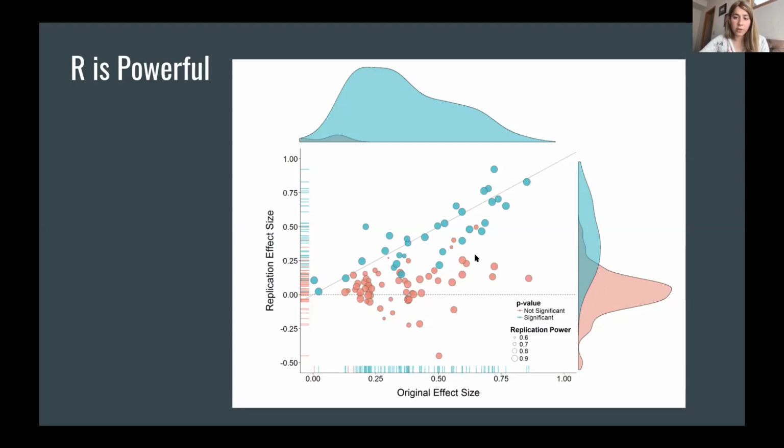They also made the dots related to the replication power, so you give less weight to replications with reduced power, versus the ones that have 0.9 power to detect an effect size. I just feel you can do things like this in R that convey so much information, and a lot of it relies on its flexibility and how you're able to customize things.